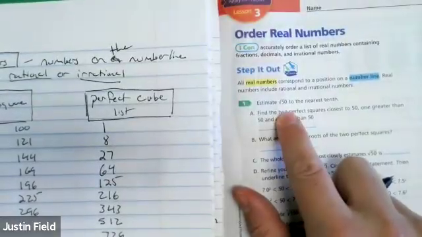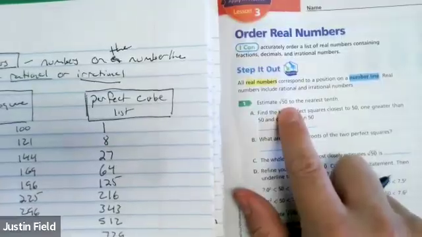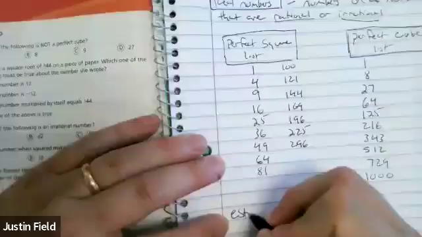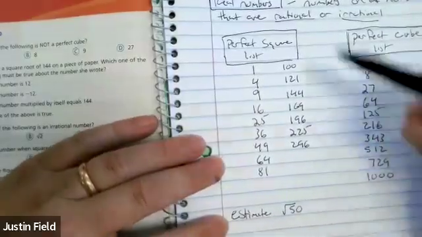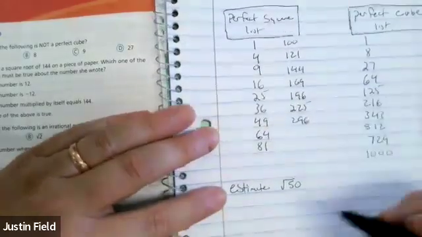So in the second section of our week, we have to estimate the square root of 50. Let's write that down. Estimate the square root of 50. Well, if you look, 50 is not on our list, but 49 is.